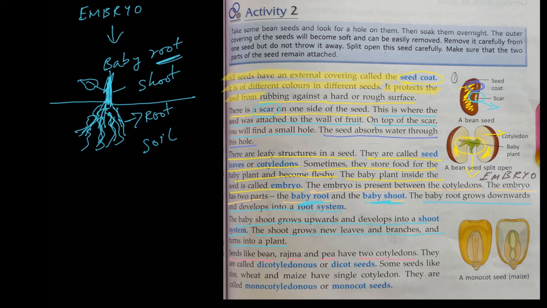So seeds like bean, rajma and pea have two cotyledons. Those seeds which have two cotyledons are called dicotyledonous or dicot seeds.